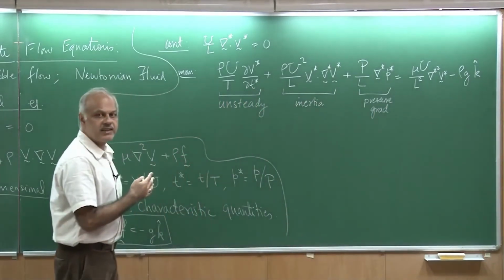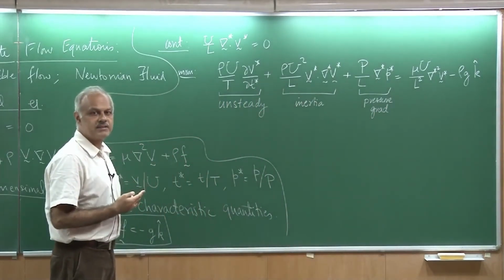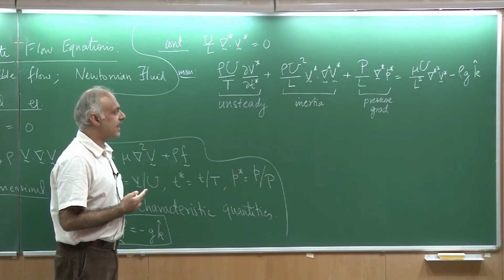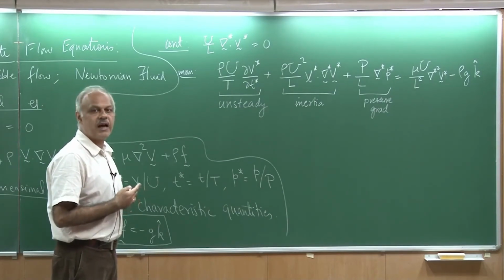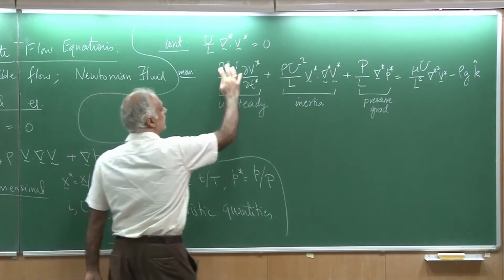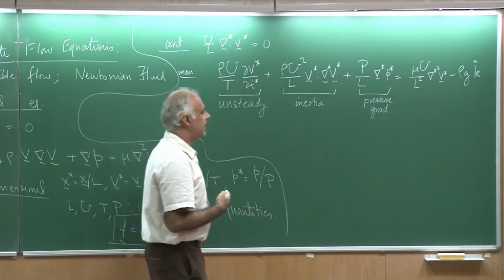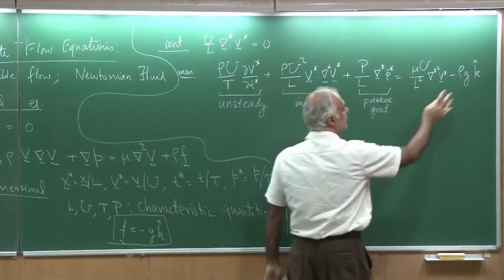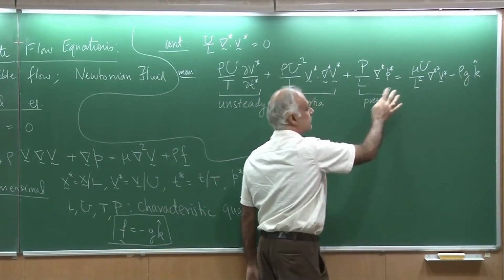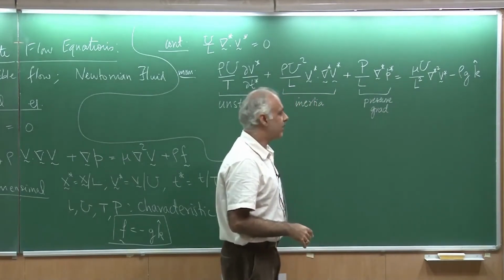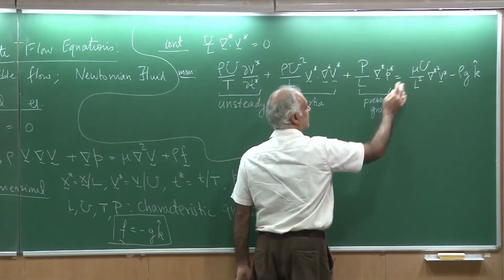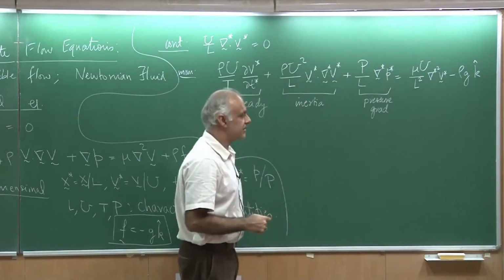Let me remind you that this is a force balance equation. This was derived by doing force is mass times acceleration. So these first two terms constitute the acceleration, and then the force came from a body force which is here, and the surface force has two components, one because of the viscous stress and the other because of the pressure.